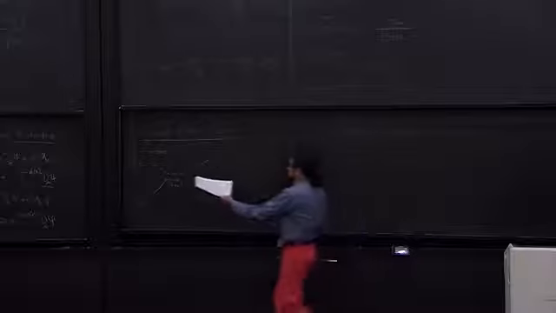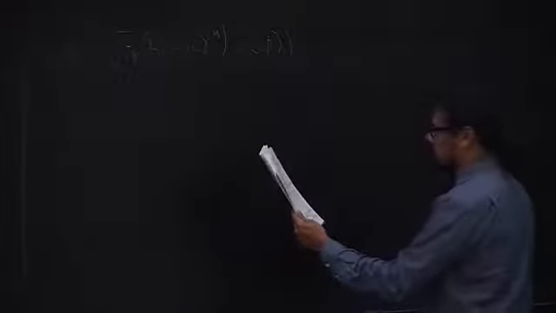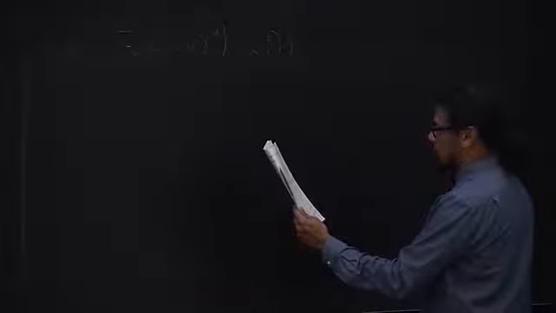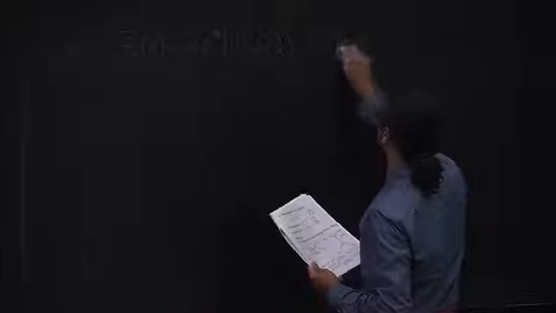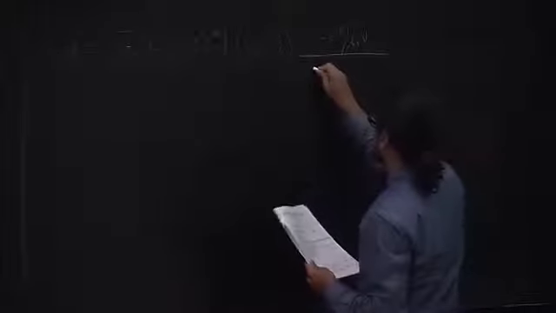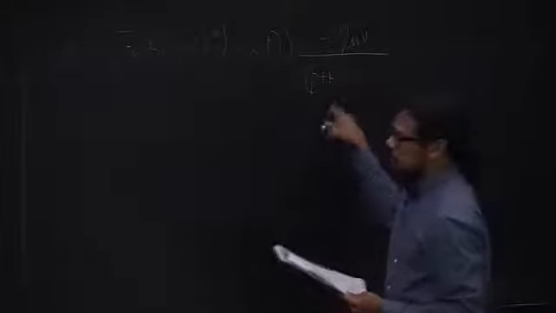Okay, and then we come to this propagator, which is minus i eta mu nu divided by (P plus K) squared plus i epsilon. Why P plus K?